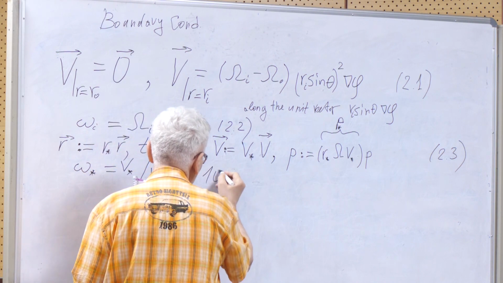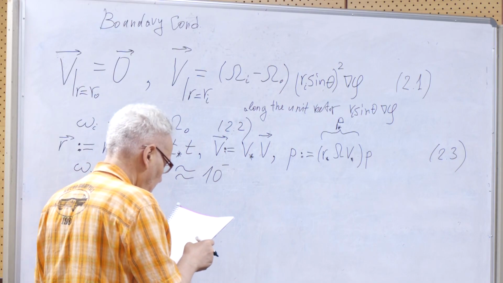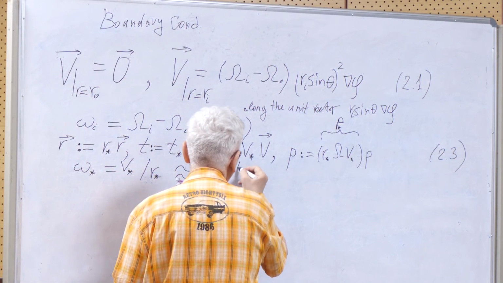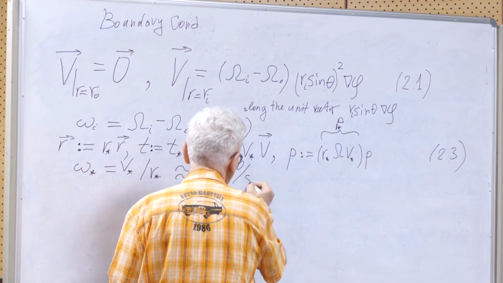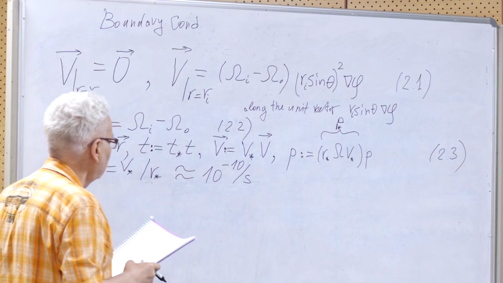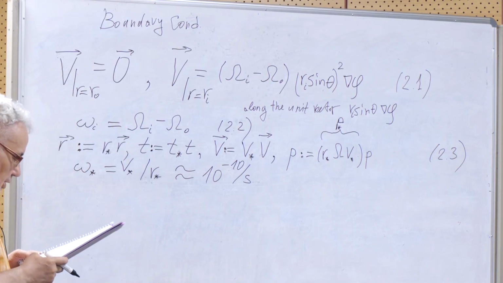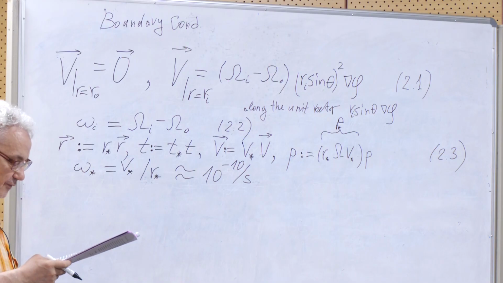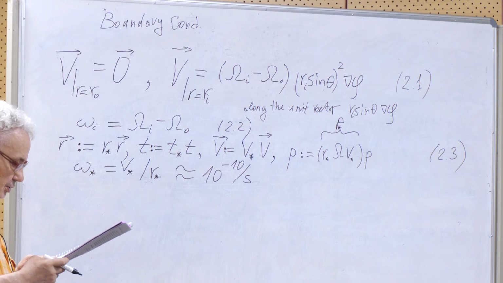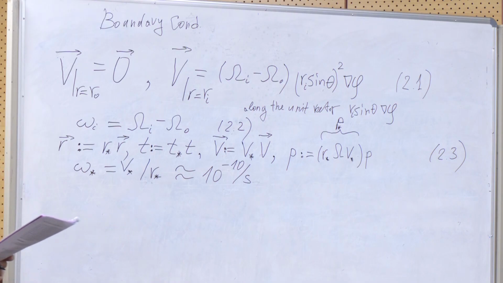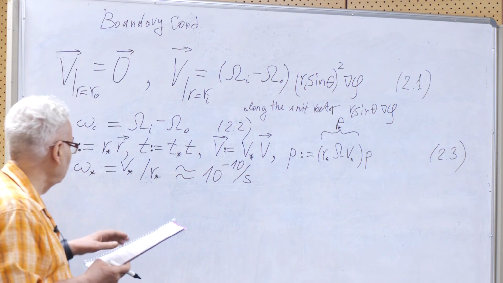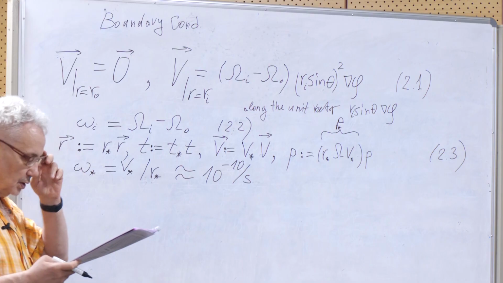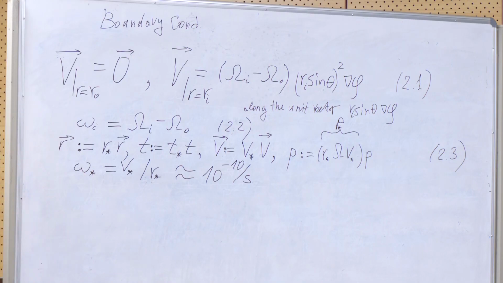For the Earth case, of course, first of all, we consider this as 10 to minus 10 per second. So this is the inverse value. And this is the characteristic value of slightly differential rotation, to which we, for definite and fuzzy simplification, will fix in the second boundary condition. So this value we fix on the second boundary condition. From 1 to where is this?